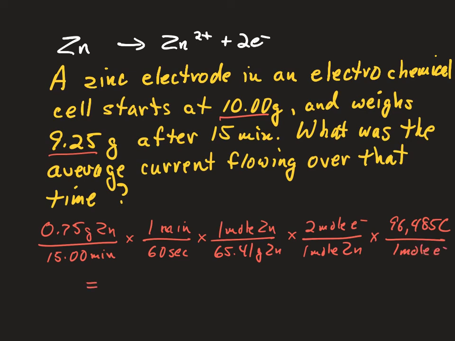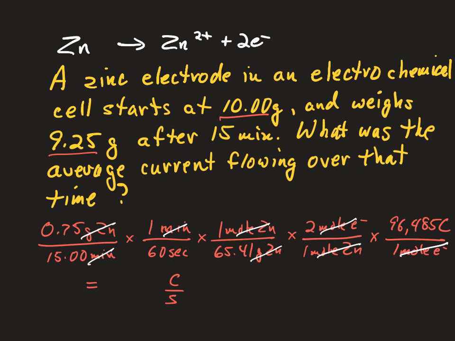And if we go through and look at that, it is just like our other unit conversion problems. Grams of zinc, that's 1. Minutes, that's 1. Moles of zinc, moles of electrons. We are going to get an answer then in coulombs per second.